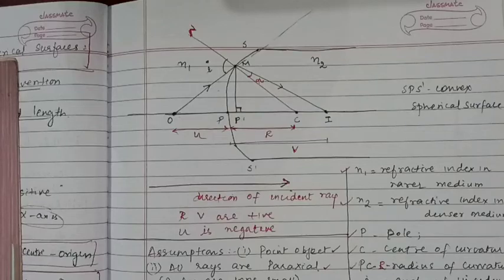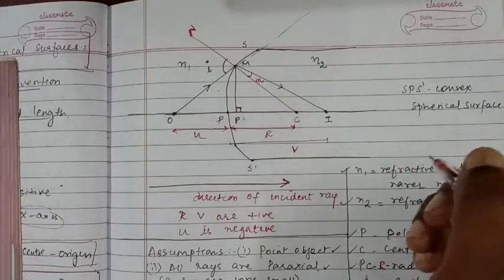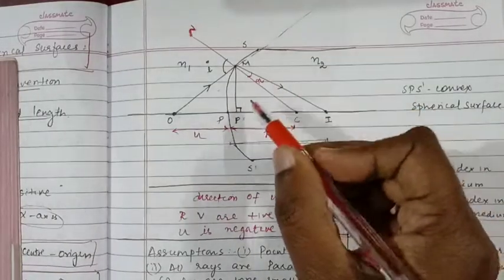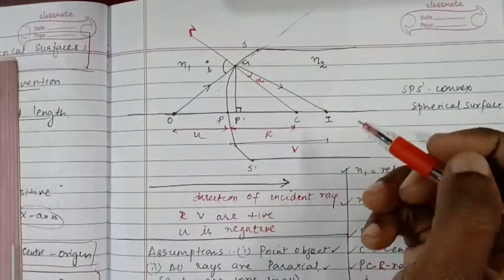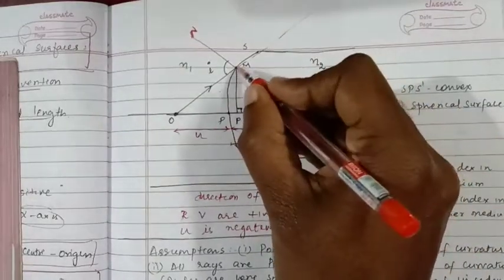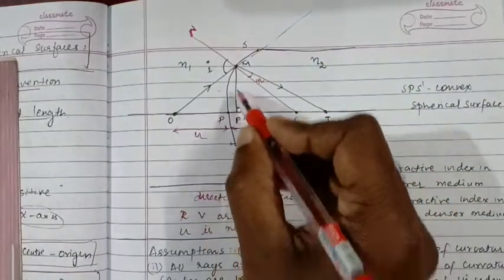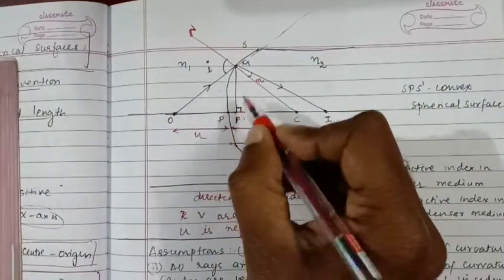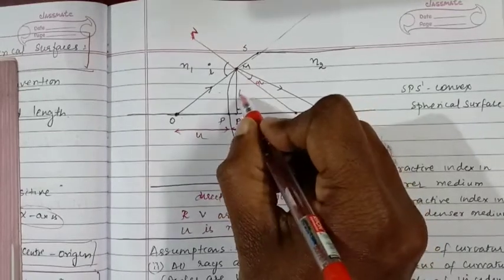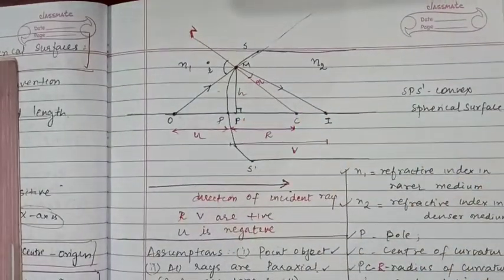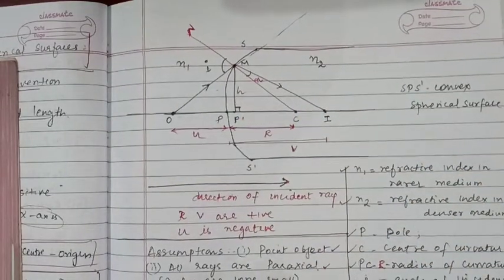For deriving the relationship, let us make some construction in this diagram. Let us drop a perpendicular from M to the principal axis, MP dash. So MP dash is the height.